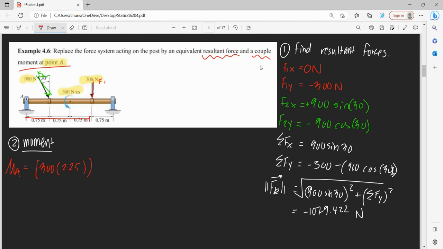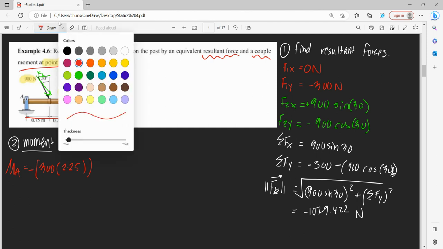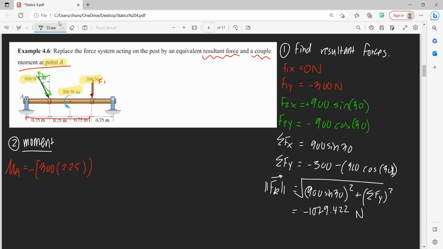And we have to go clockwise, so that's negative. And our x component is in line with A, so we're not going to use the x component of F2. So instead, we're just going to use 900 cos 30, and the distance from there, 0.75 times 2, and that's 1.5 meters. And we are also going in a negative direction, clockwise.